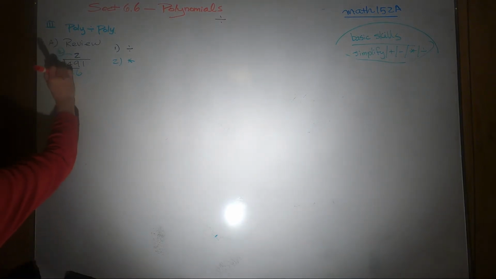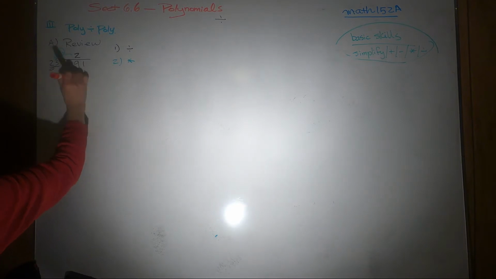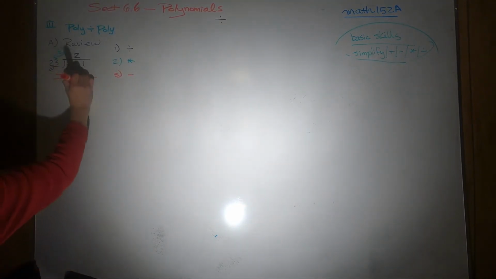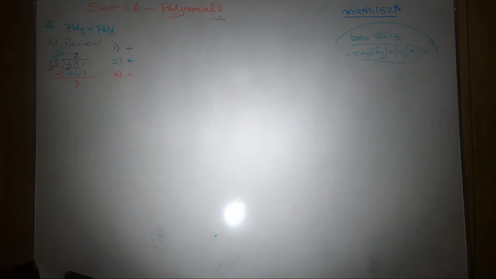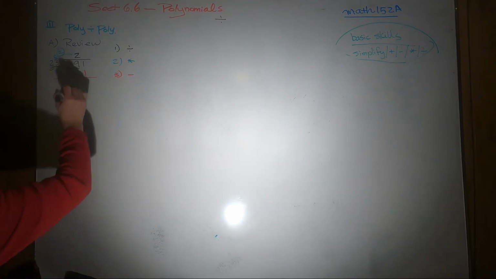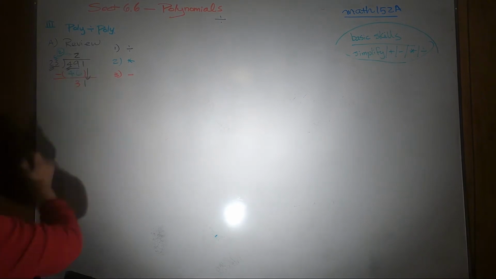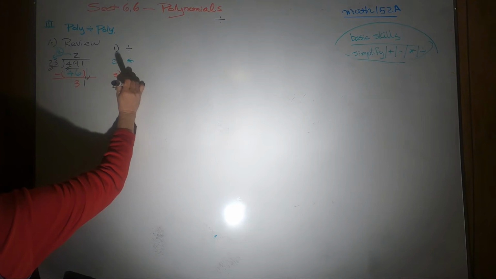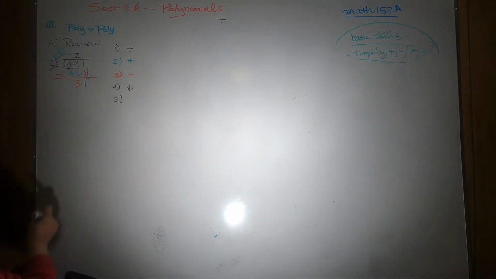You will subtract the whole thing, right? So next step, you will do the minus. So remainder is what? 3. Right? Then what's your next step? You will do what? You drop down 1. Right? So next step, you drop down. Then what do?